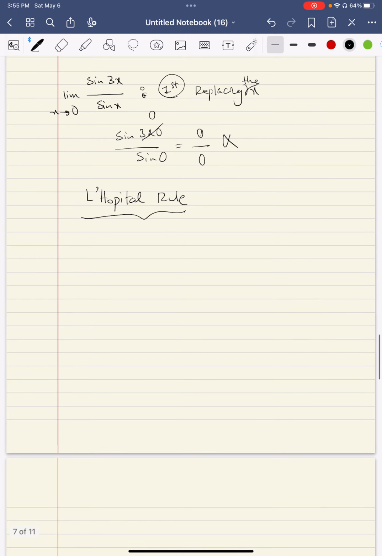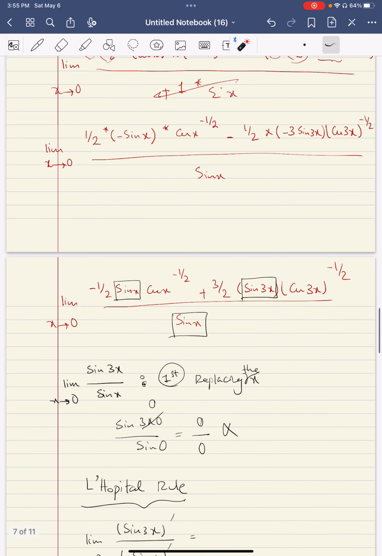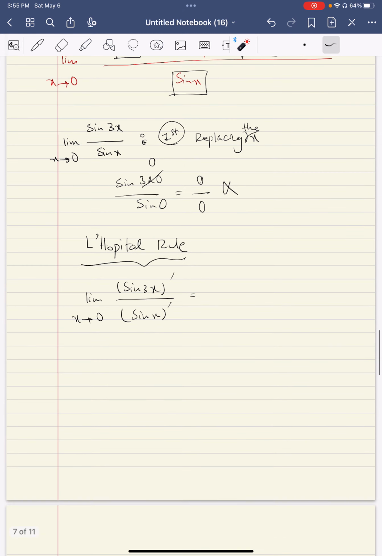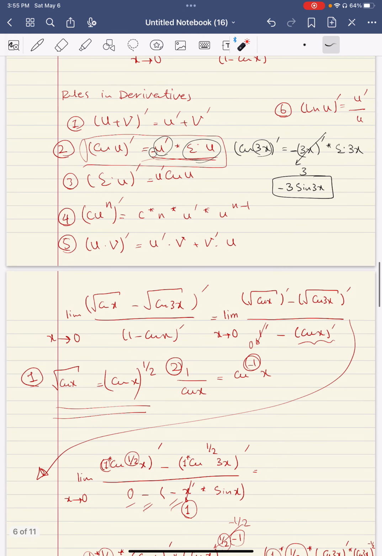The L'Hopital rule says derivative of the numerator over the derivative of the denominator. Sine 3x prime, did we find it out or not? No, we didn't find it out.